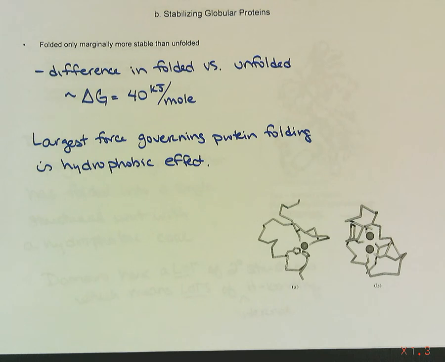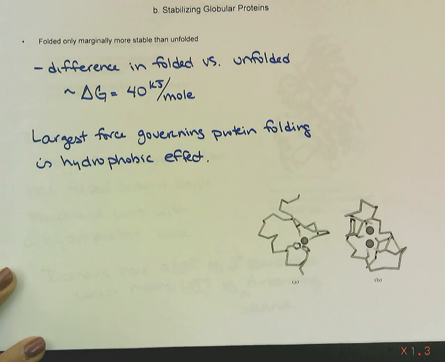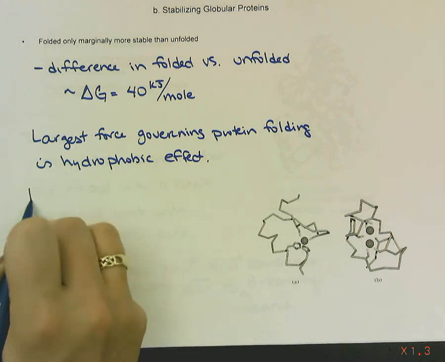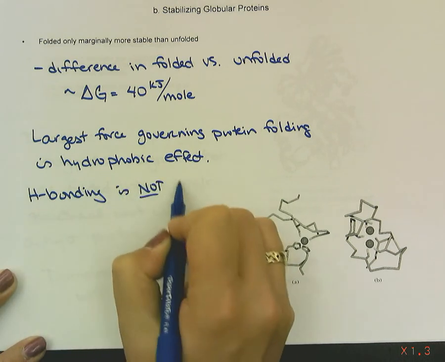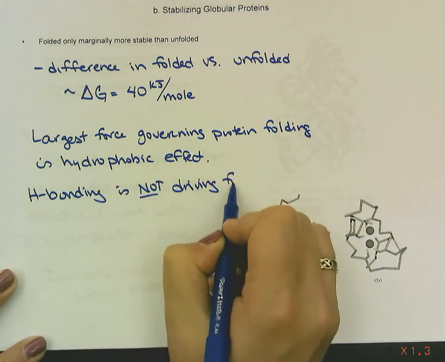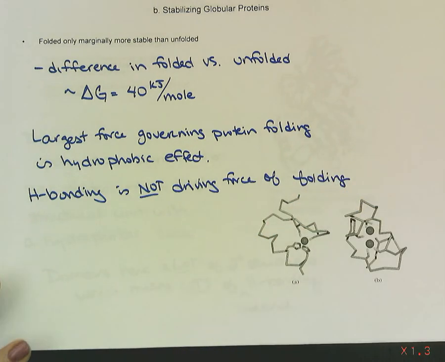It's that those hydrophobic amino acids really want to get away from the water and would prefer to associate with themselves, so they are much more likely to fold inwards. While hydrogen bonding is also important, it is not the driving force of folding. It's more like a fine-tuning adjustment to get the amino acids lined up better.